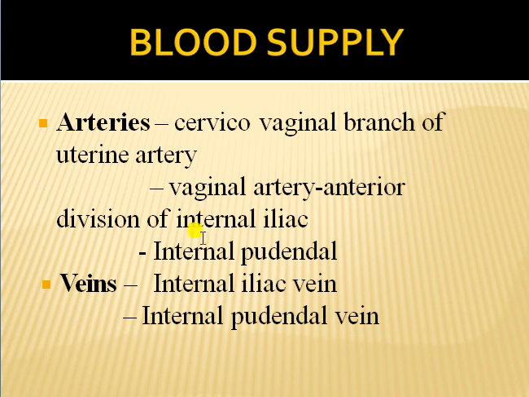Also simply we can call them pudendal arteries. We can note that, nothing to worry. Where the organ is present, they given the name; the uterine one is uterine artery, the vaginal one is vaginal artery. These all come under pudendal arteries. Get my point? So veins: internal iliac vein and internal pudendal vein.